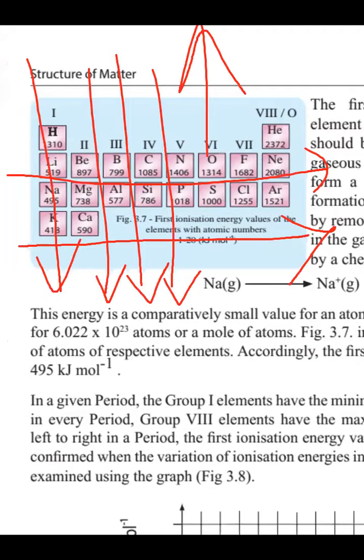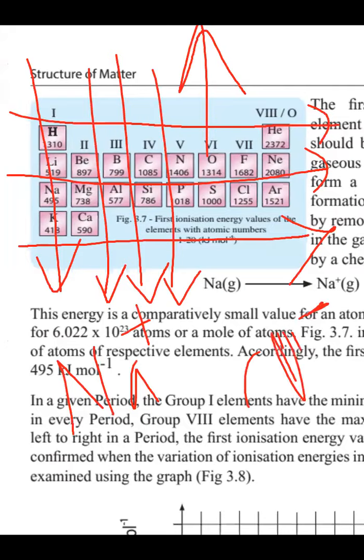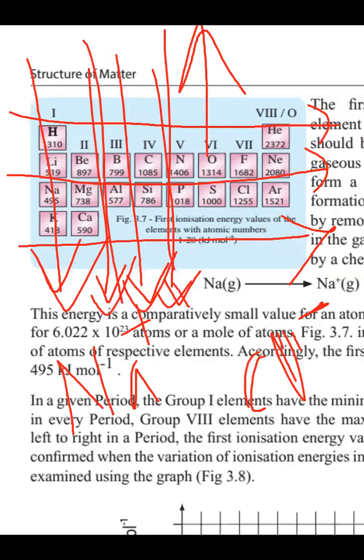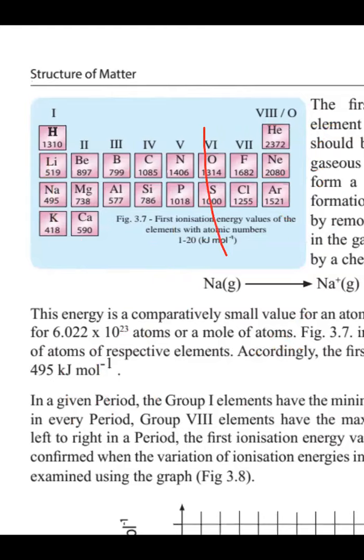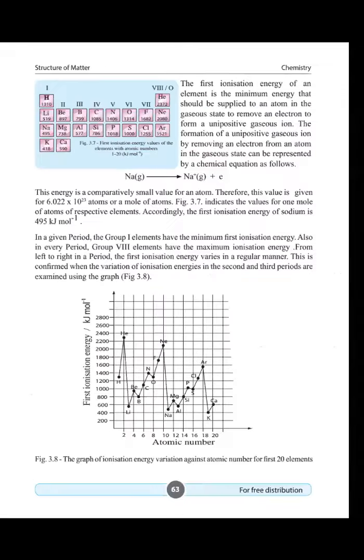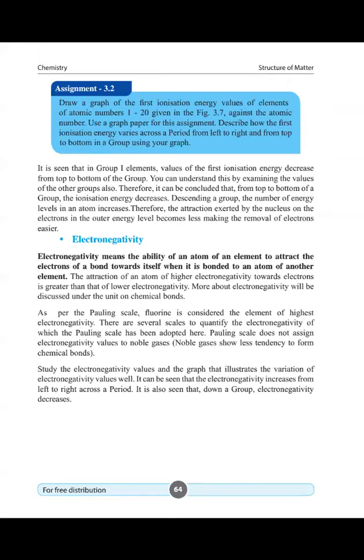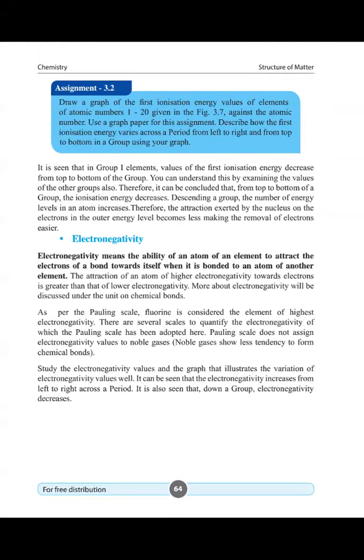It means more negative ions are formed this side. Sodium plus ions are formed, but chlorine likewise negative. That is due to this electronegativity difference. When you go down the group, more and more positive ions are formed. So using the Pauling scale, we can compare the electronegativities of a group or a period.